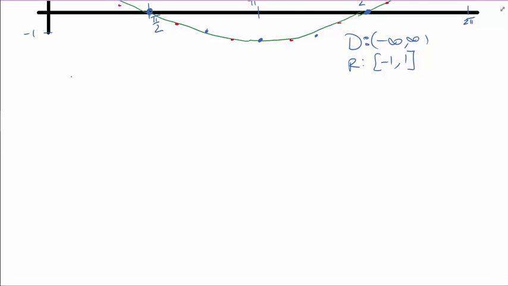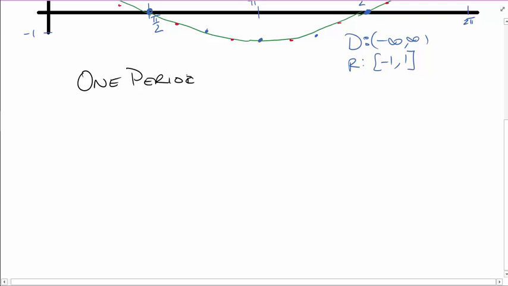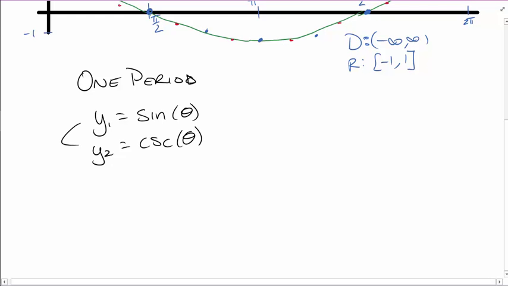I'm going to ask you to either use your calculator or Desmos or plotting points to graph one period of the following functions. I'd like you to start, if you have not already, with the sine of theta or the sine of x. And immediately below the sine of theta, I would like you to graph the cosecant of theta. Keep in mind the relationship between sine and cosecant.